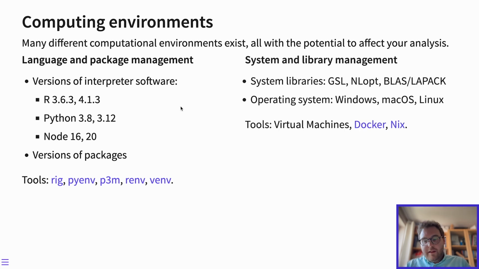Saying that, even if you have the same versions of packages installed, there's another layer, which is system libraries. A lot of packages and software itself, like R, will actually call out to system software. And you can have different versions of system software installed on machines. So you could have different implementations of BLAS and LAPACK, for example, depending on whether you're running a Linux machine or Windows machine.